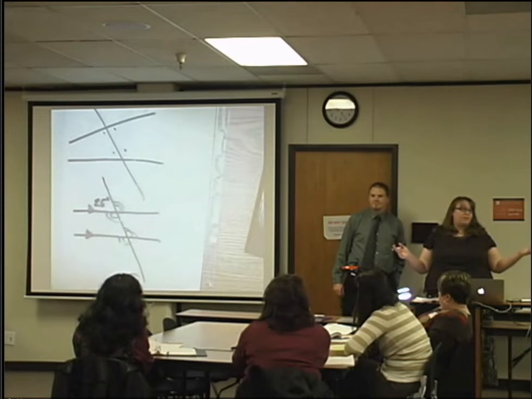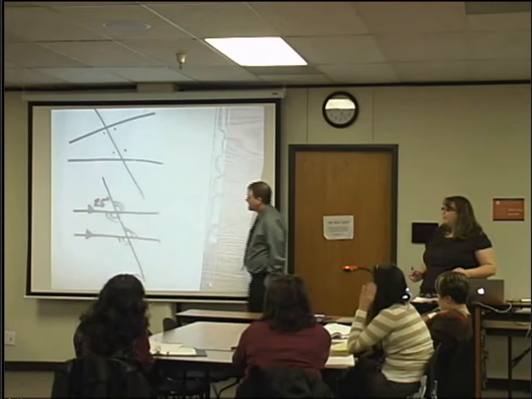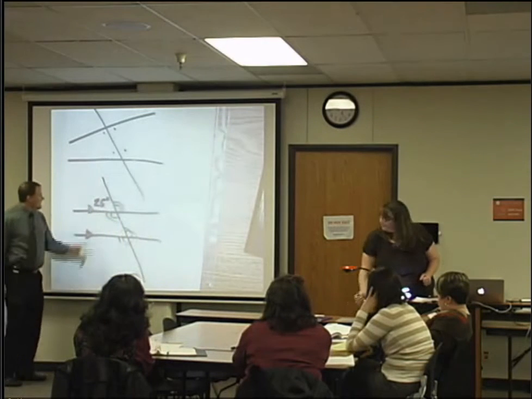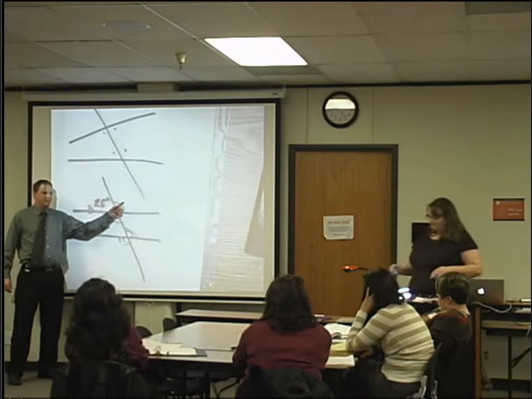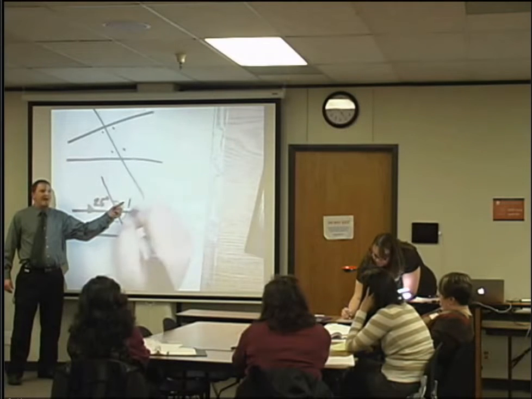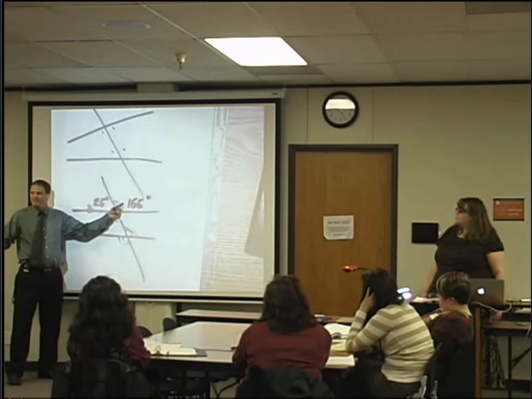So let's name all the rest of the angles. You ready? You want to do it? You can do it. Okay. So if that's 25, what's this one? 155. How do you know? Because they add up to 180.